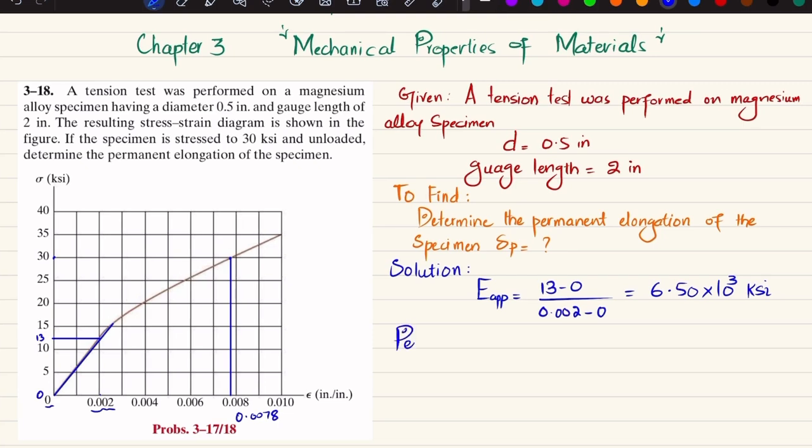So let me write it: permanent elongation.